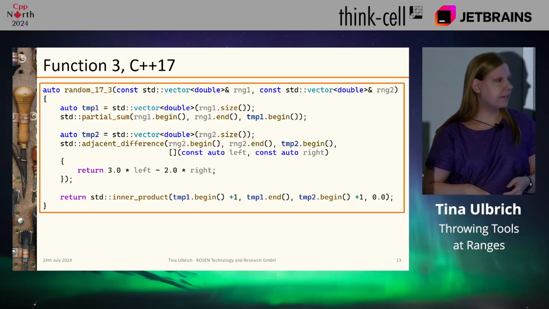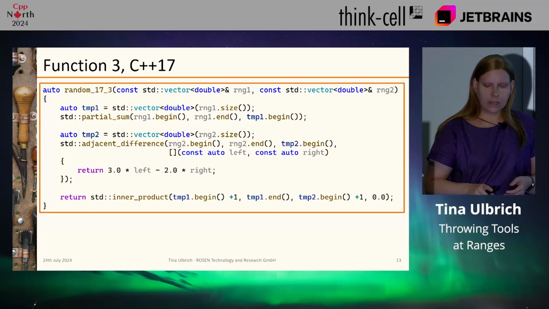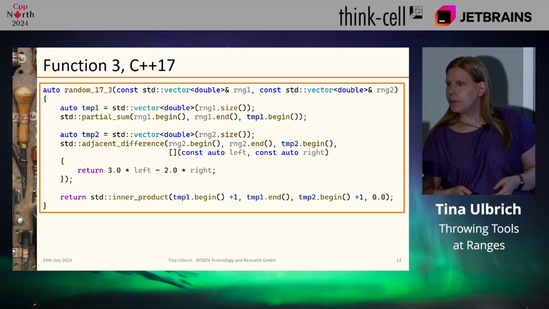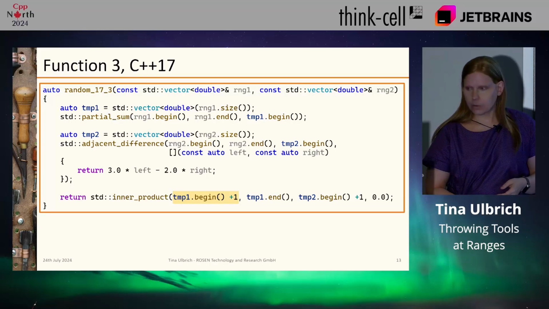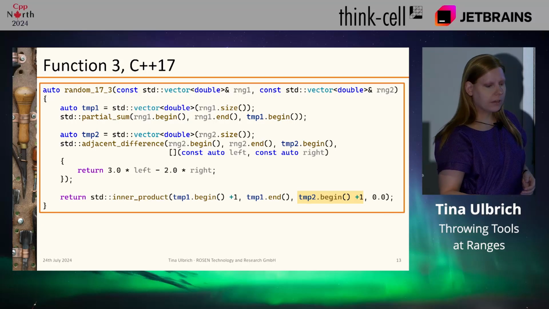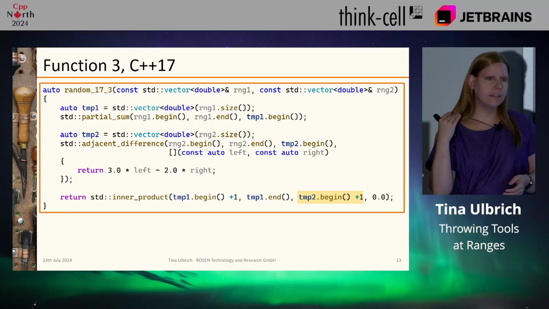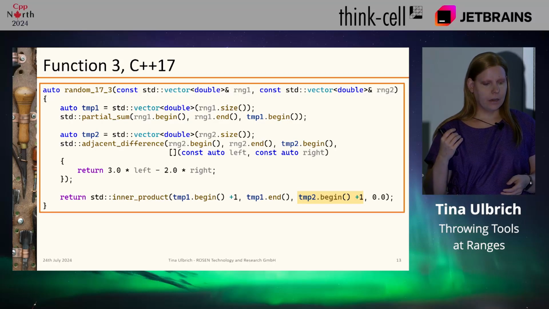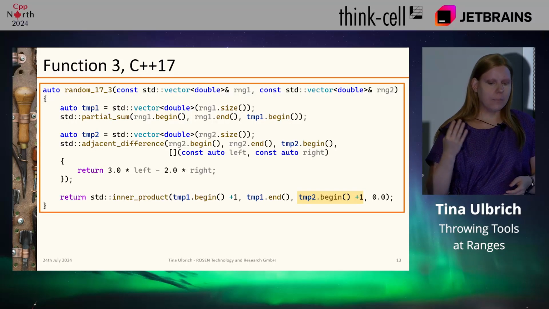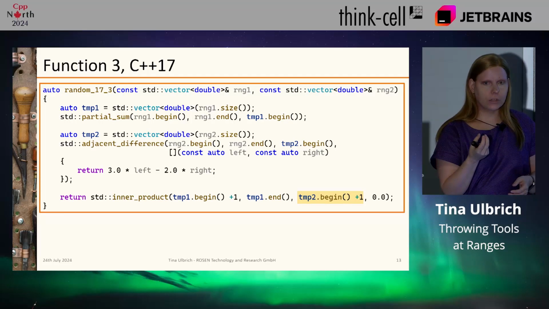And then I use the exact same inner product call that I did before, but I need to offset the second temporary as well by 1, because that's a very annoying thing with adjacent difference: your output range has the same size as your input range because of standard library stuff. But the problem is that if you're doing something with adjacent elements, you know your output is 1 element shorter.